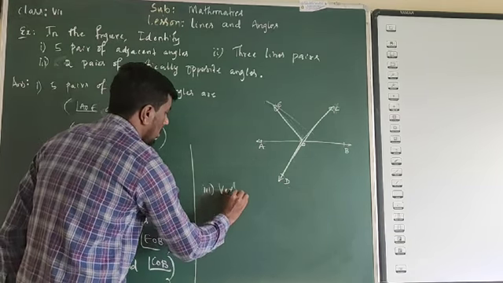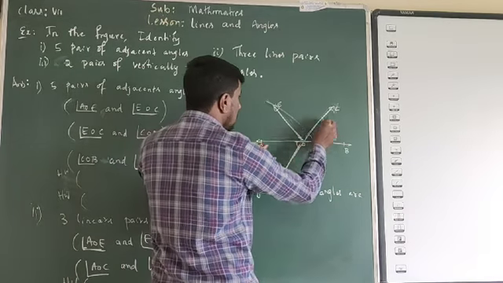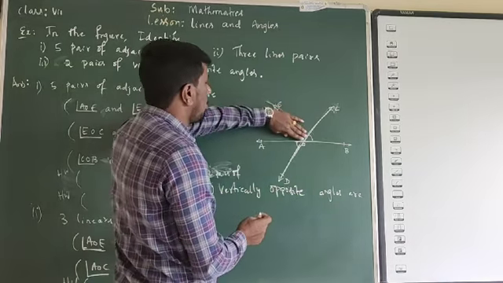AB is one line, CD is another line. You can observe that. Then what are the 2 angles formed? This is CD and this is AB. So this and this is one pair of exactly vertically opposite angles. Forget about OA.